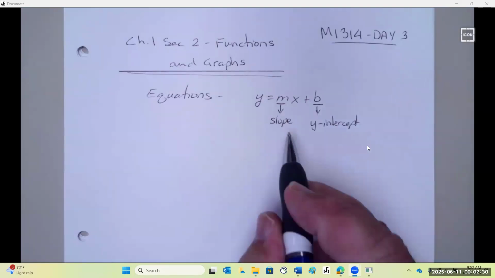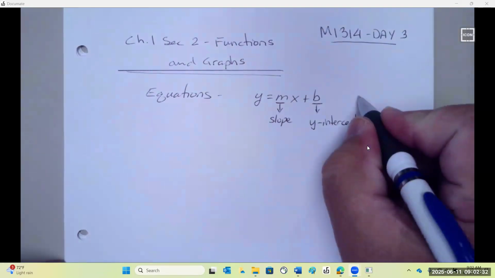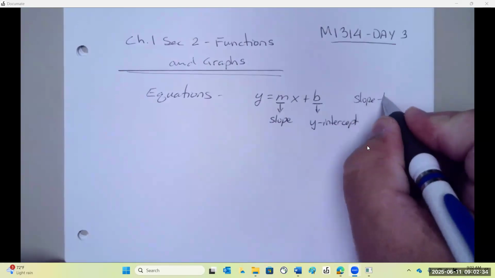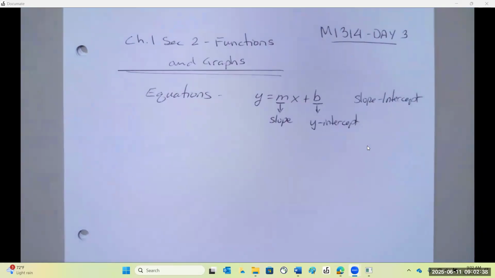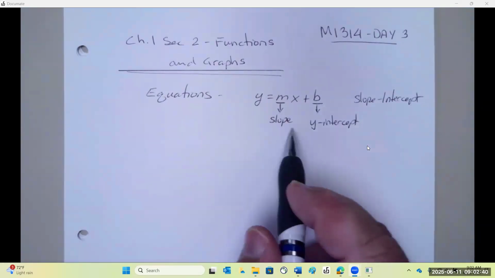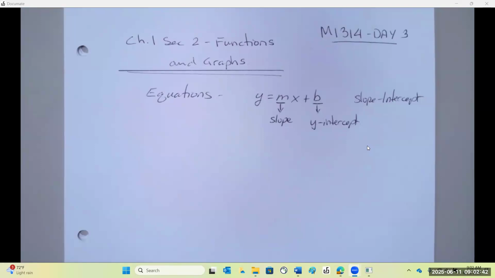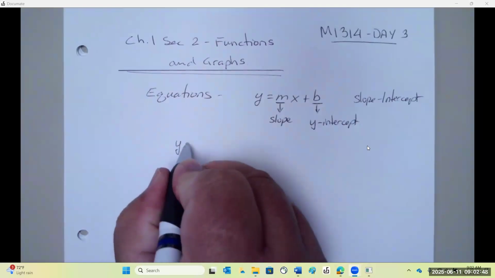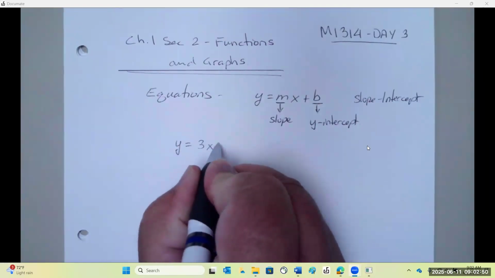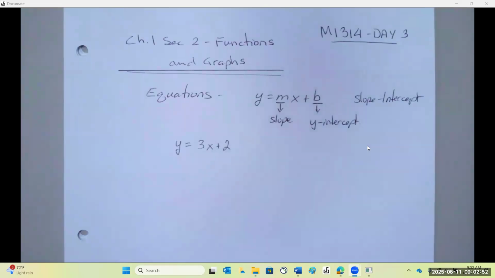So this equation is called the slope-intercept form, because it has a slope and intercept. So for us to do this, I define the variables M and B.